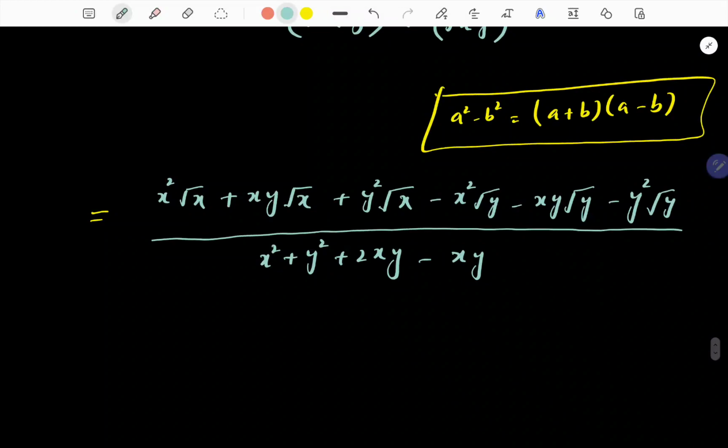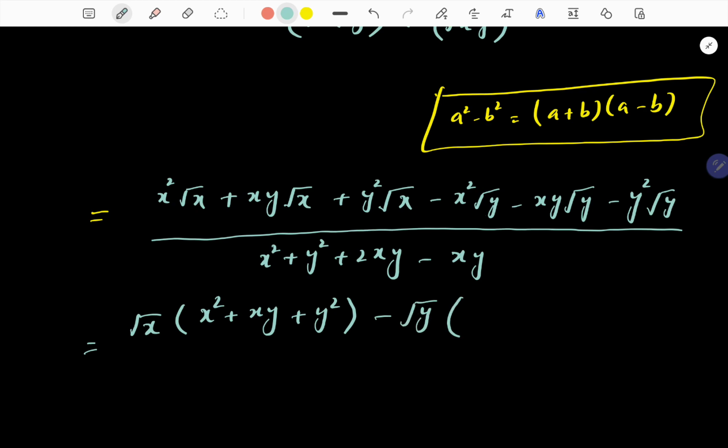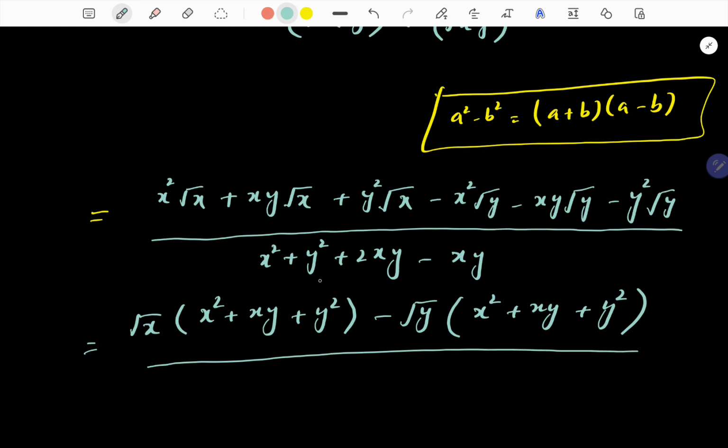So taking square root of x common from these three terms, we will get x square plus xy plus y square, and taking minus square root of y common from these three terms, we will get x square plus xy plus y square, this whole divided by, we can arrange and take as x square plus 2xy minus xy is plus xy and plus y square.